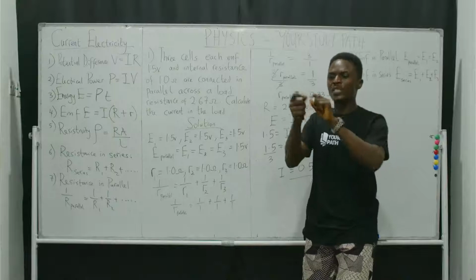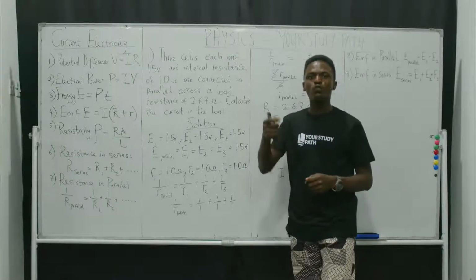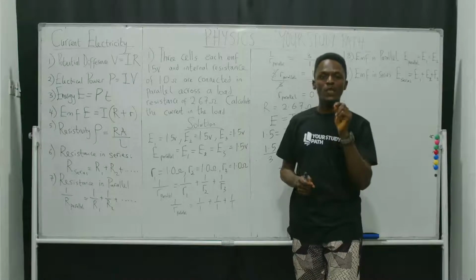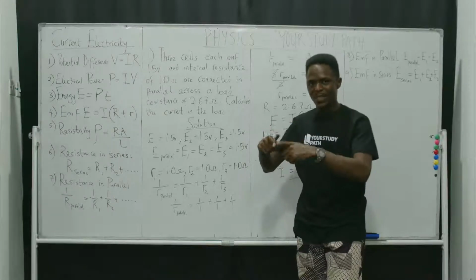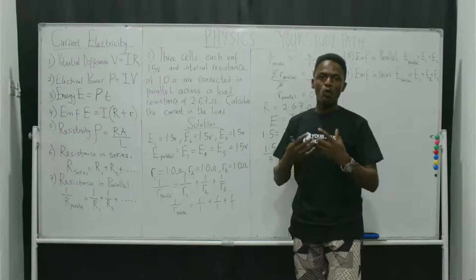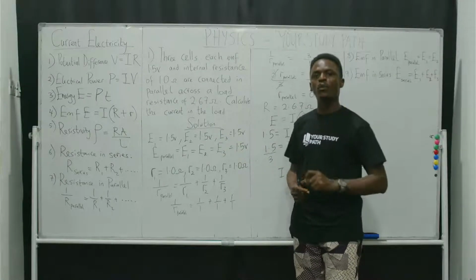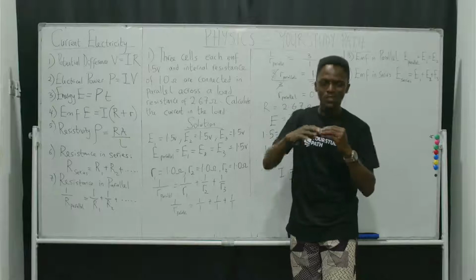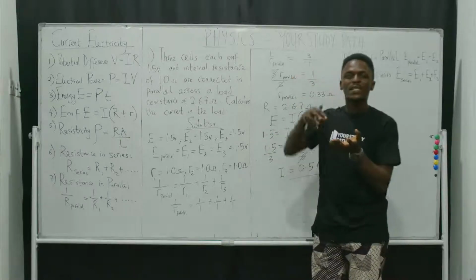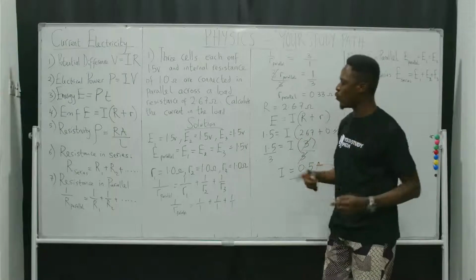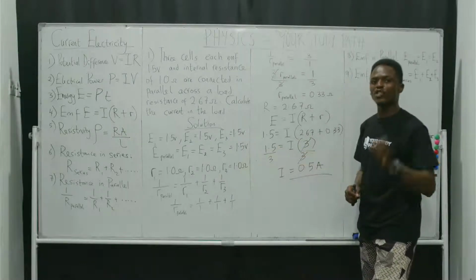The moment you tear off the wrap and you have it placed down, even without use, internal resistance builds up, and over time, when you take the measurement of such a battery, you don't have 1.5 again. It gets reduced. Internal resistance is that resistance present within the cell itself. So that is represented by small letter r.